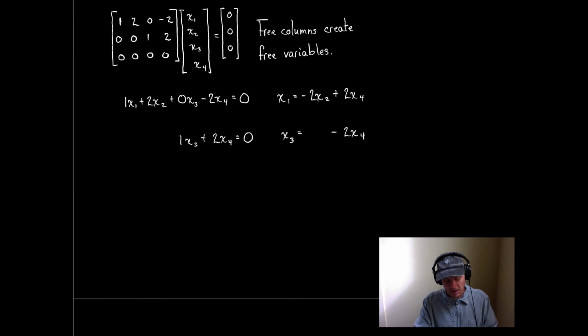Well, wait a minute. Now x1 and x3 are both based on x2 and x4. There's no way I can solve directly for x2 and x4. So what do we do? We choose values, but we choose wisely. So now because they're free, we choose our free variables.